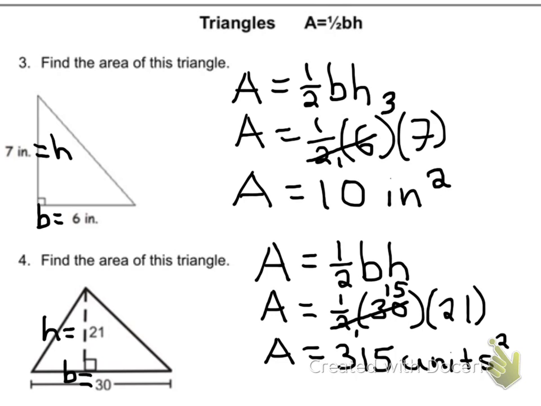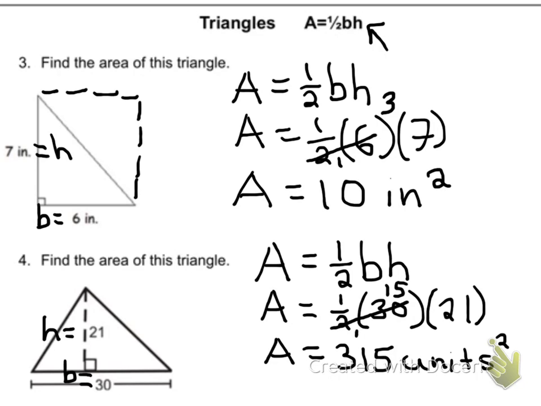Okay? If you have trouble remembering the formula for triangles, remember that if we take a triangle and multiply it by 2, we would have a square.